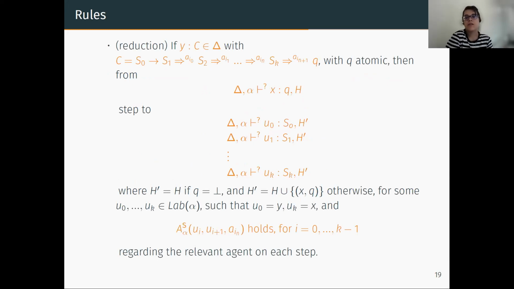Now, the reduction rule is going to be a little bit more complicated. So we are still going to have, we are asking for an atomic goal, and it doesn't succeed. And we have a formula in our database that is a normal form formula that has this atomic goal as flat consequent. What we are going to do is start asking about each of the antecedents.